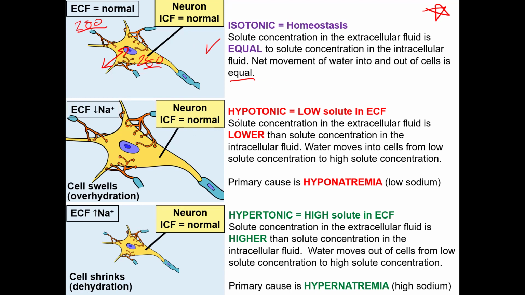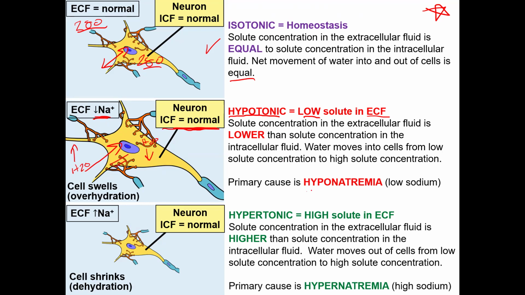When it comes to our hypotonic solution, remember hypo is going to be low solute in our extracellular fluid. So in this case, we have a much lower amount here. The concentration has dropped. Although our intracellular fluid is normal, we want to equal everything out. Because we have less solute here, we have much more water, and we have less water in comparison here, water is going to rush in, wanting to equal out.